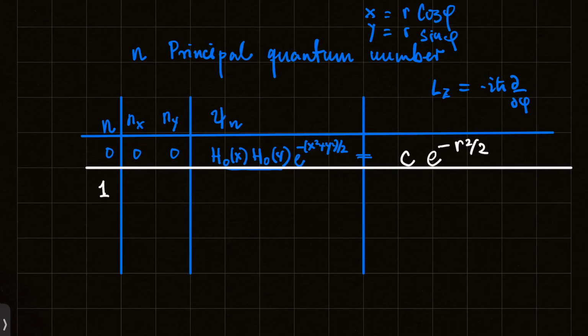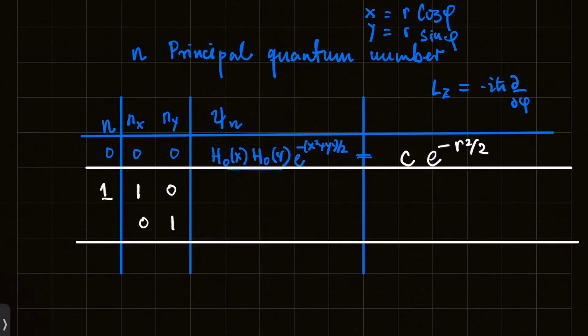then, right. So when n is 1, nx and ny can be either this can be 1 and this can be 0, or this can be 0 and this can be 1.